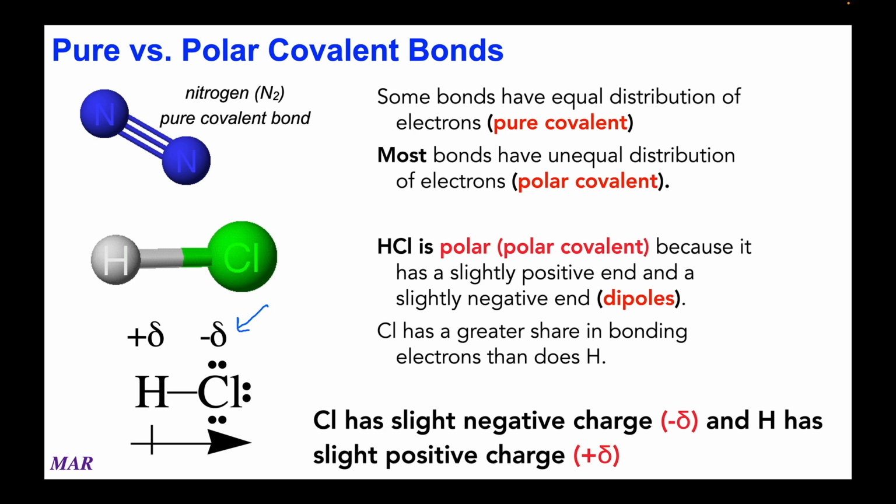It has two dipoles: a negative dipole by the chloride, and a positive dipole by the hydrogen. And most bonds are this way. They have slightly positive and slightly negative centers, all right? Unless you have something like N2 or O2, or two atoms that are the same in a bond, most of the time you'll end up with these polar covalent bonds where you have dipoles.